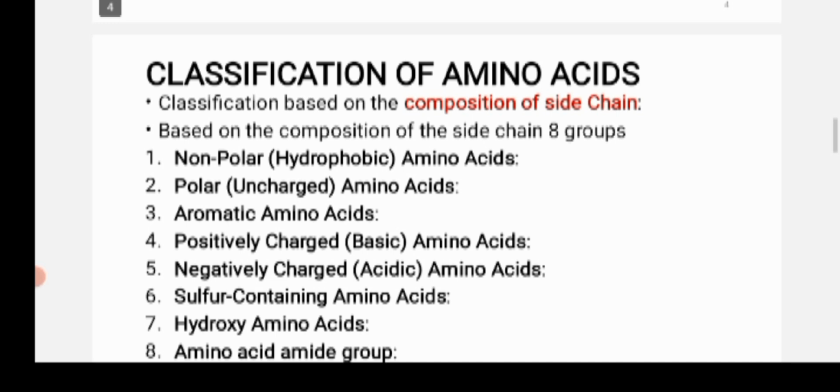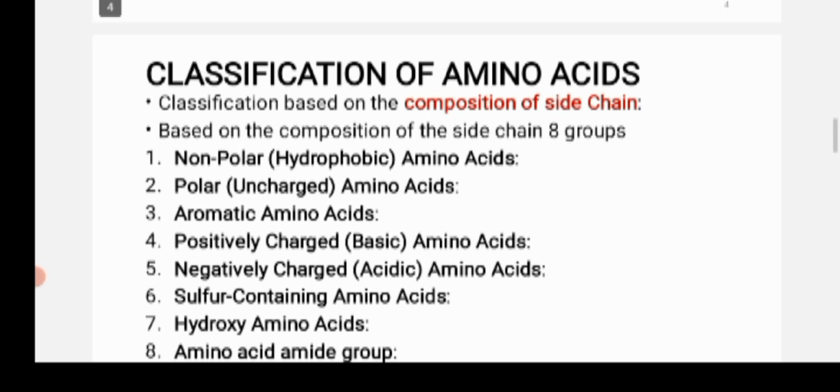Today we will discuss how amino acids are classified based on the composition of side chains. The side chain is the R, and at that place we can have any functional group. There are eight different types of amino acids classified based on composition.